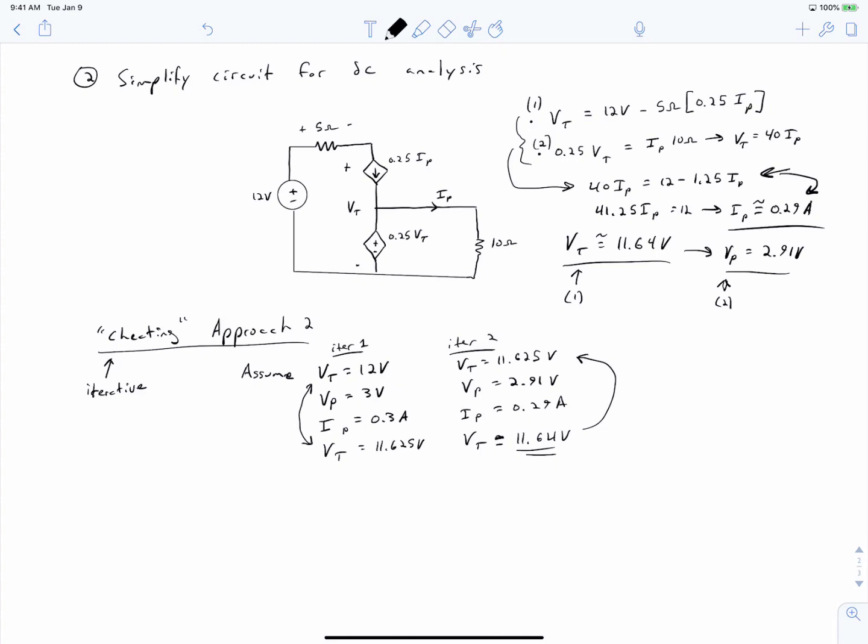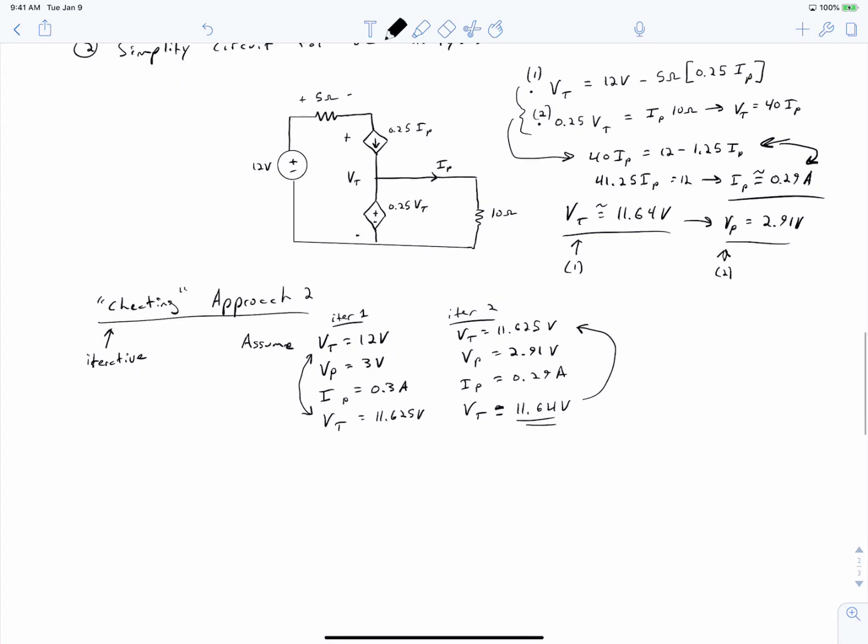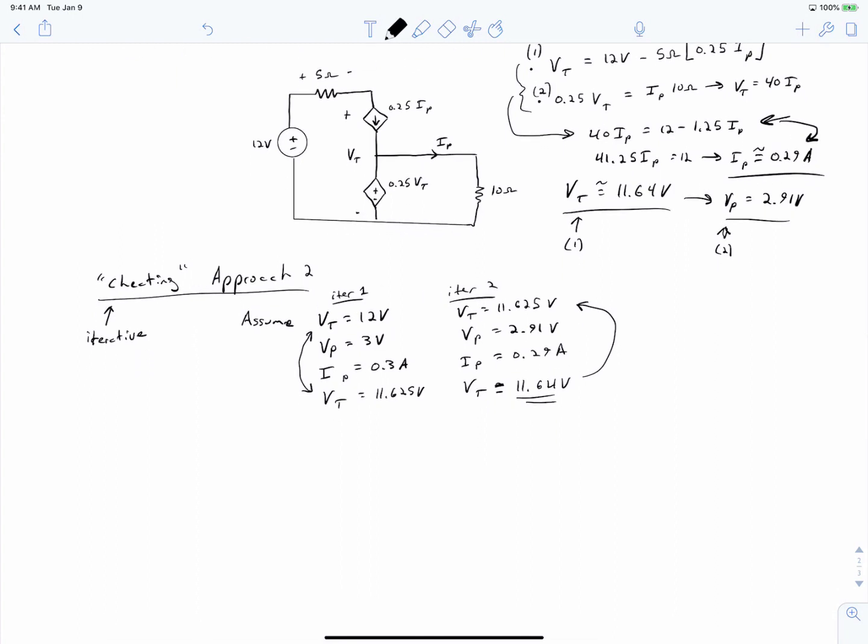Next, I want to emphasize power balance. Power balance is going to come up over and over in this class, and it's important that we internalize this concept. So using this solved circuit, let's consider the power flows at all locations. The power into the circuit, this is the power from our 12 volt source, is going to be equal to our input current times our source voltage.